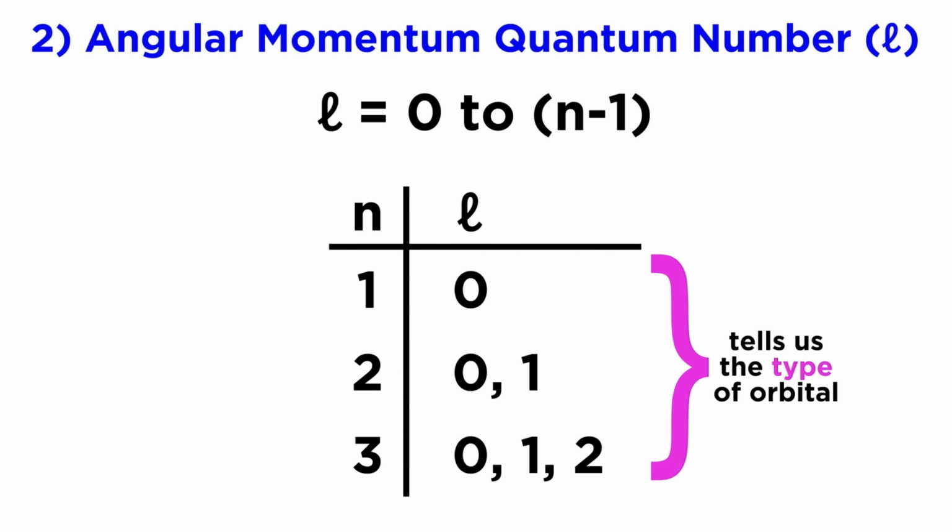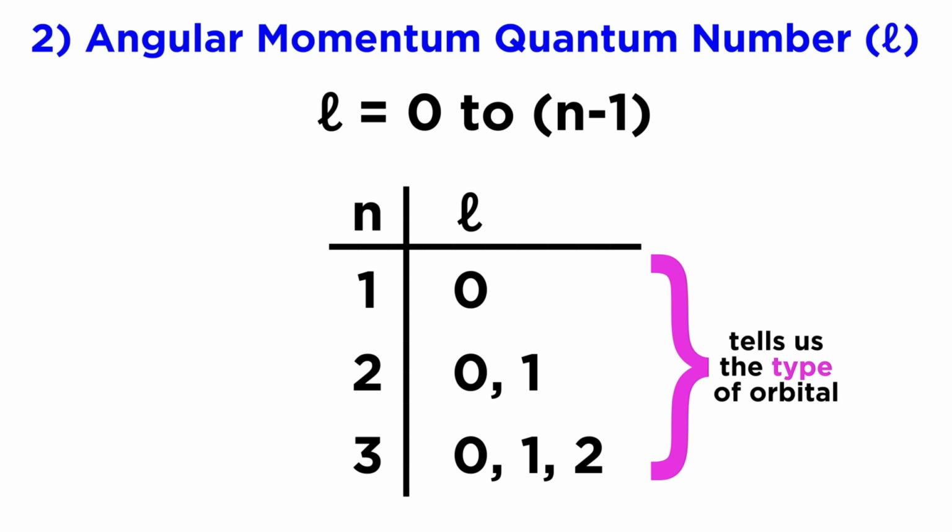Those are spherical, and they increase in radius as n increases. If L is 1, we are discussing p orbitals, which are lobes that extend on each of the x, y, and z axes. If L is 2, we are looking at d orbitals, which look a bit stranger. S, p, and d are the most important ones for our purposes.